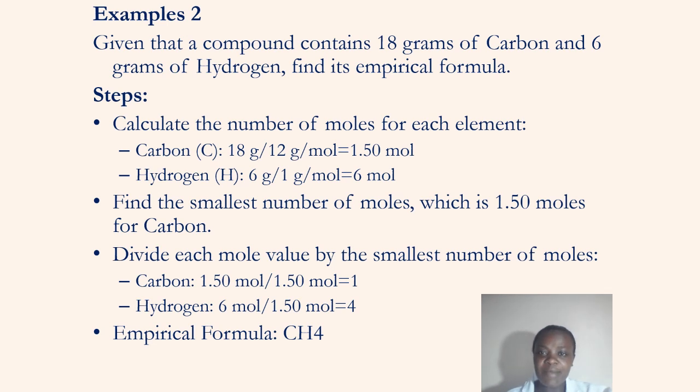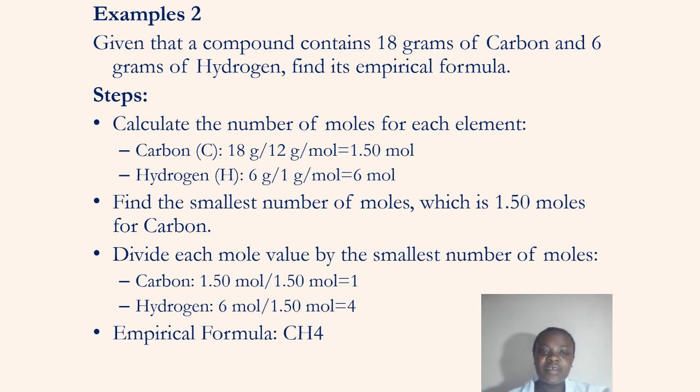We have carbon and hydrogen, so this is also a hydrocarbon. The symbol for carbon is C and that of hydrogen is H. The first thing we determine is the mass, and we are already given the mass of the two as 18 and 6 respectively.